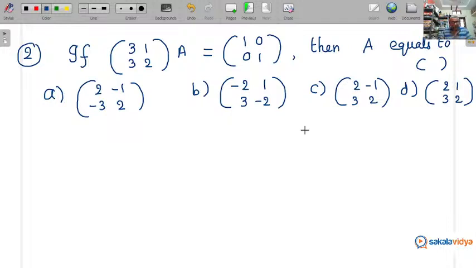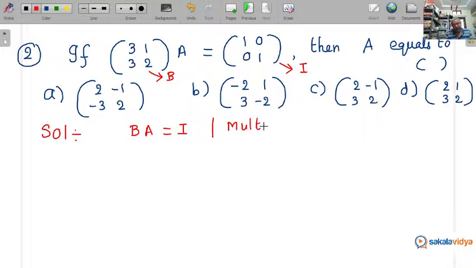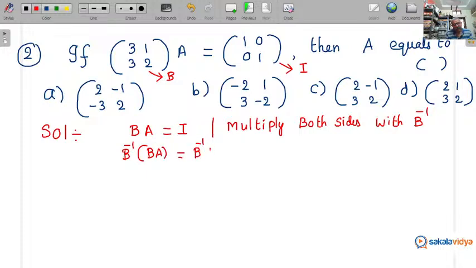Now, my dear students, let us say this matrix is B. Now you can write BA is equal to the 2 by 2 identity matrix I. Multiply both sides with B inverse, so B inverse of BA equals B inverse into I. B inverse into B is I, and I times A is A, and B inverse into I is B inverse.